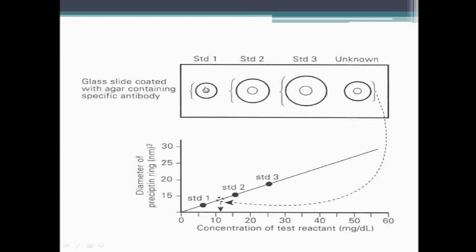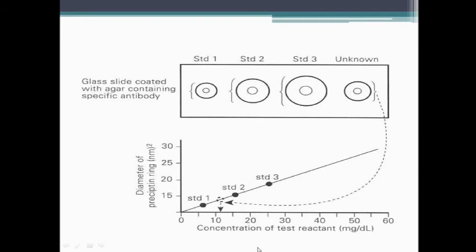Suppose the diameter of this sample 1 is 7, and the diameter of this radius is 15.